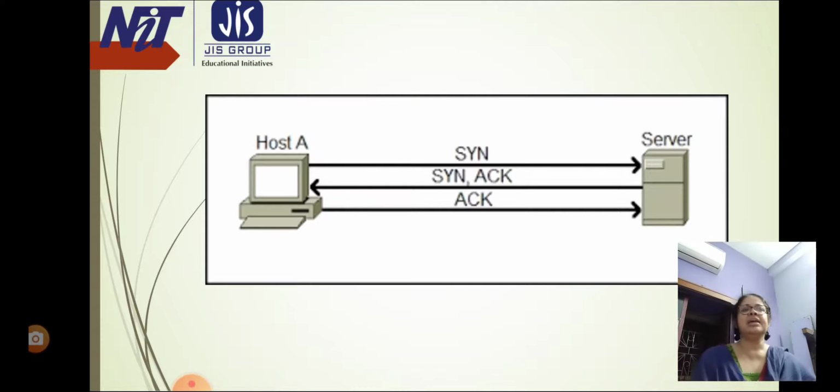Once again, each side must acknowledge the sequence number received by incrementing it by 1. So now it is the turn of the client to acknowledge the server's packet by adding 1 to the sequence number and resending it to the server.